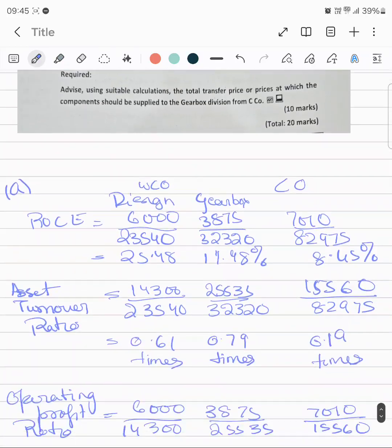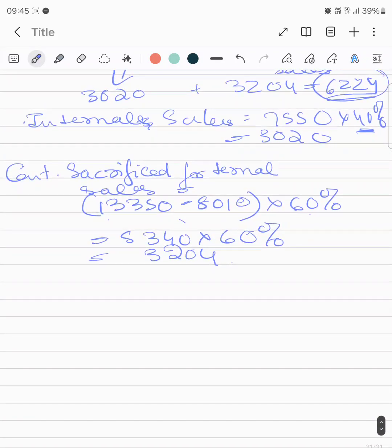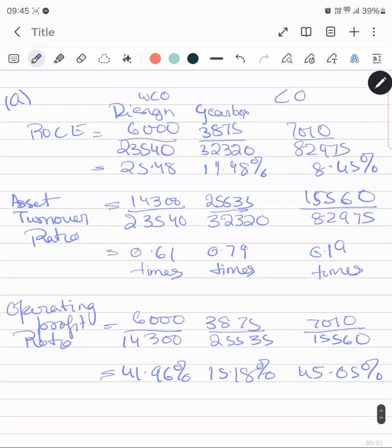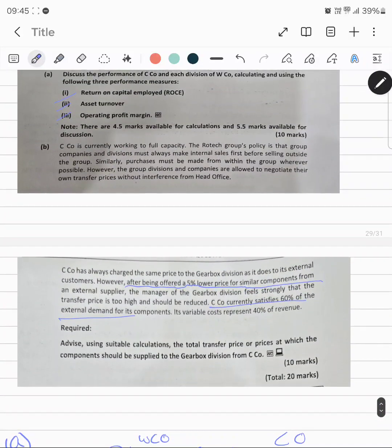So currently the internal sales revenue is at 7550, right? So if the current internal sales are at 7550 and there is an external supplier which is providing similar components at a lower price of 5%, right?